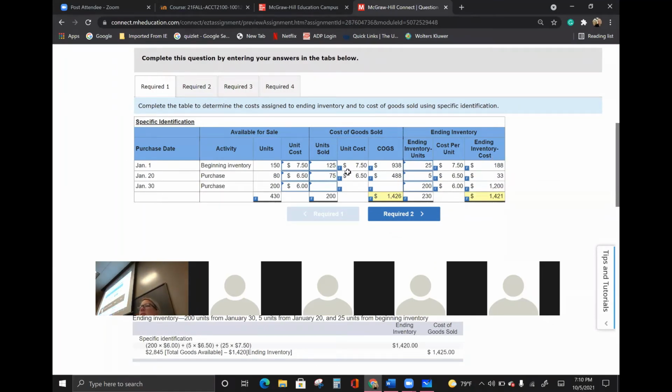Now I can back into my cost of goods sold. I take the difference. So I had 150 less the 25. I have 125 units at 750. And then I had 80 less the 5 that I had left. So I have 75. And then the last purchase of 200, I sold all of those, so I don't have any left. So here's my cost of goods.